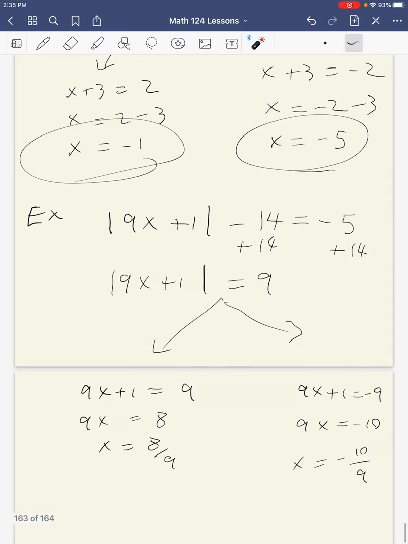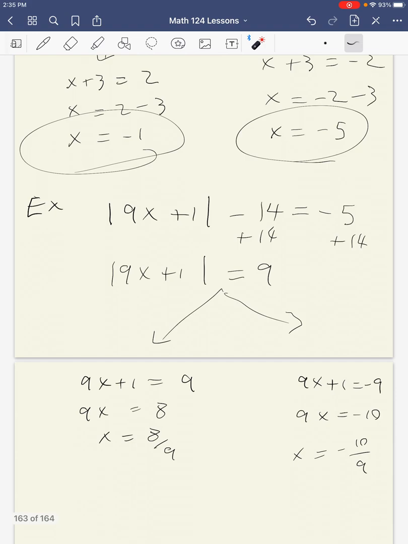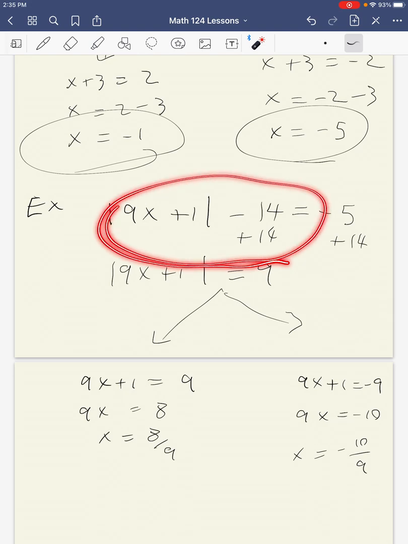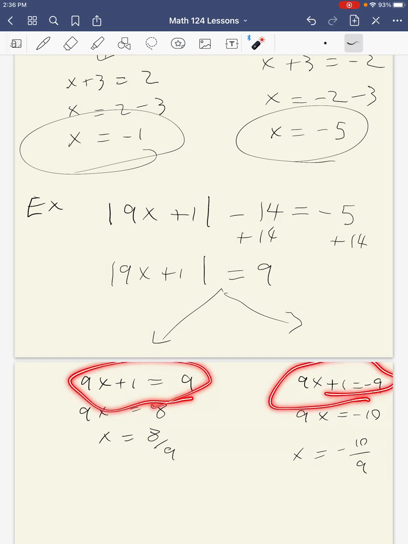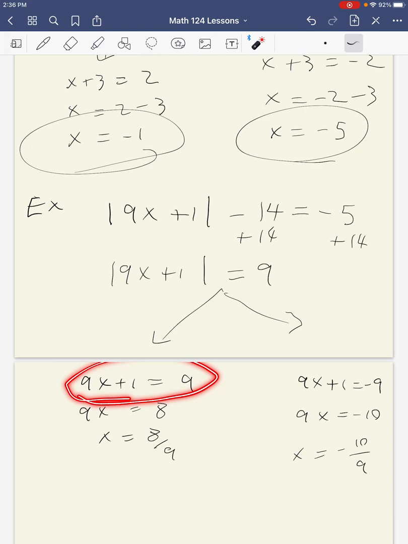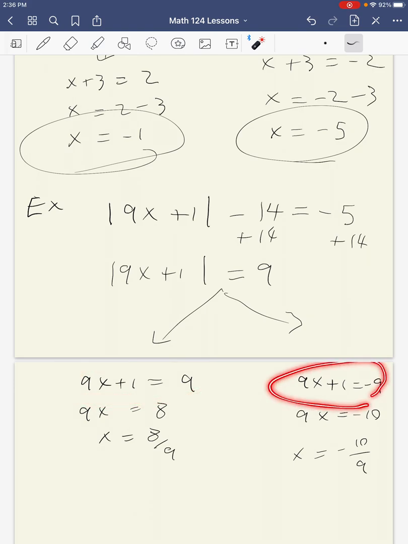And let's look at a little more complicated example. Say we have the absolute value of 9x plus 1, minus 14, equals negative 5. So here the absolute value is not by itself on one side of the equal sign, so we get rid of this 14 by moving it to the right-hand side. And now the absolute value is by itself. So we could break it up into two equations, where in one equation we just ignore the absolute value.